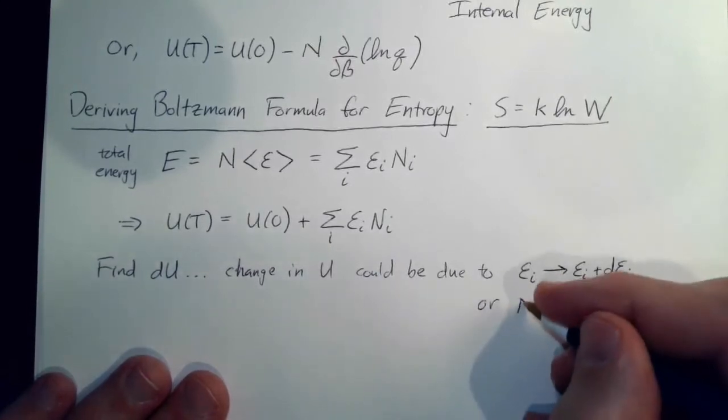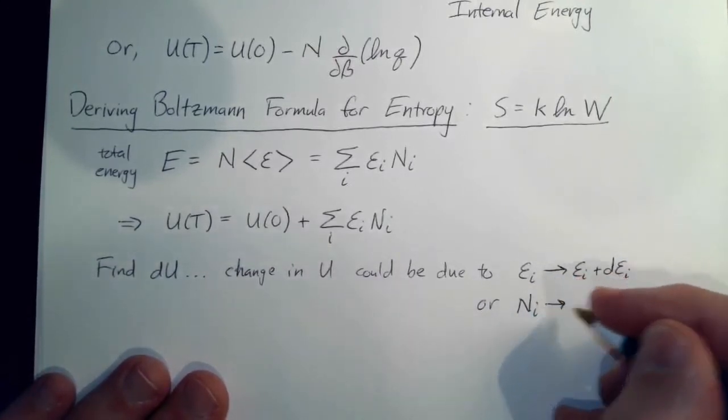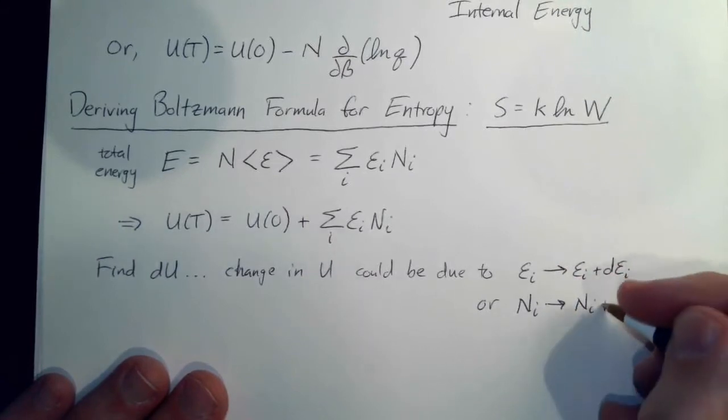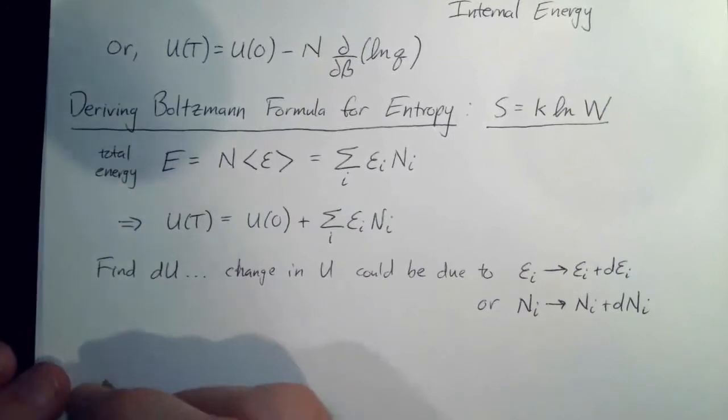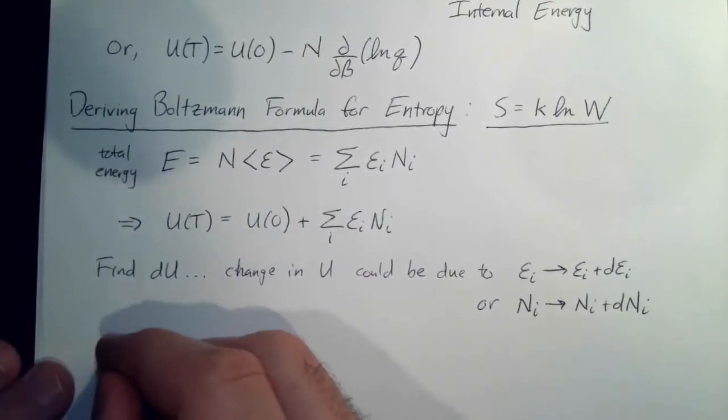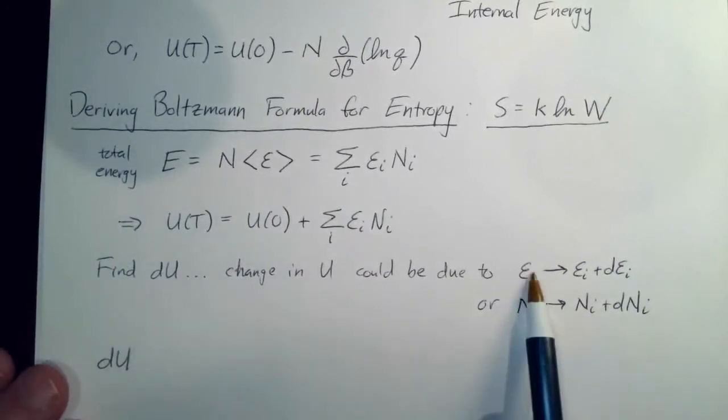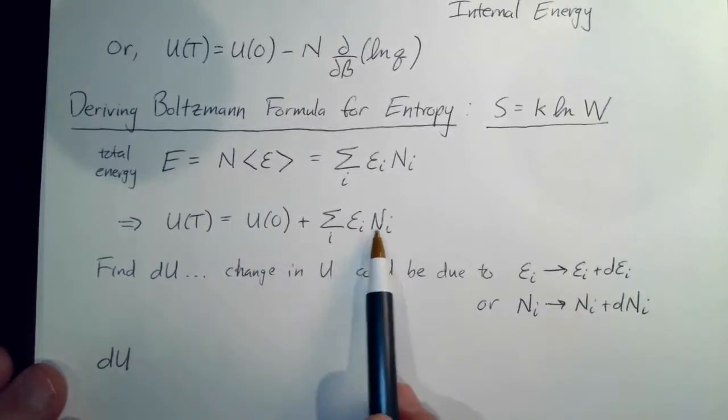So maybe the populations in i shift by some amount d n_i. So when I take the differential of dU, I need to incorporate both of these possible changes here.